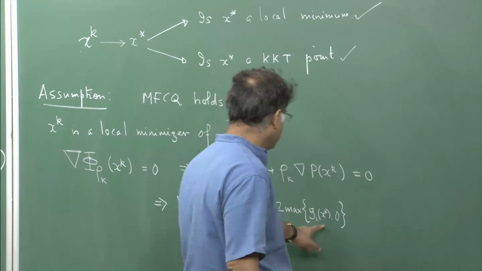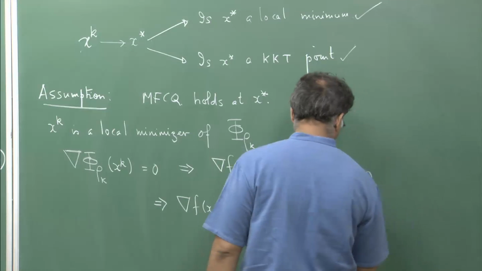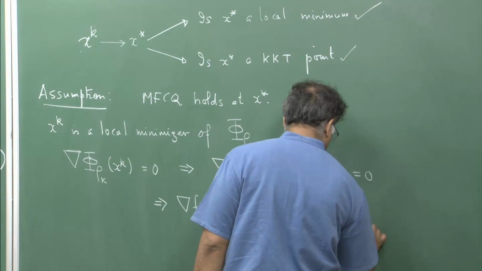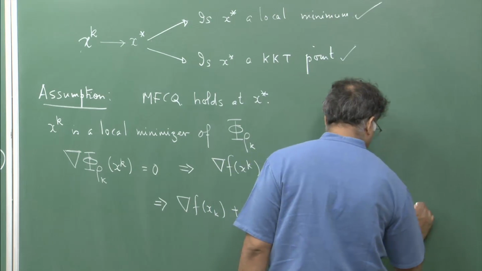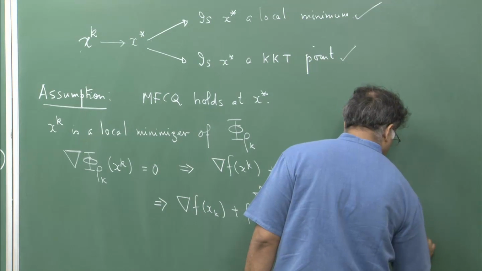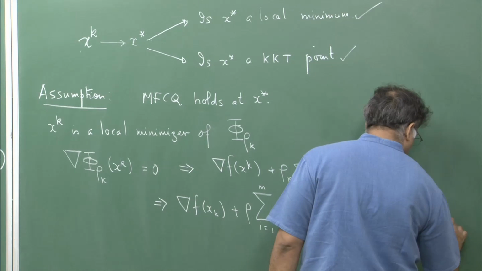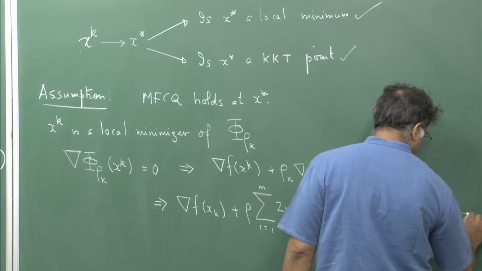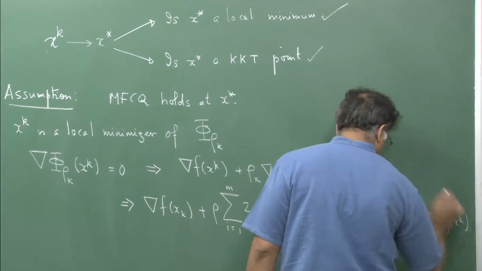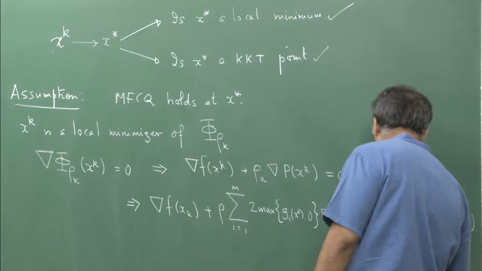So, xk in general is not feasible. So, it will basically become gi xk in most cases. Here also it is not feasible. So, it will become this. And this whole thing must be equal to 0.